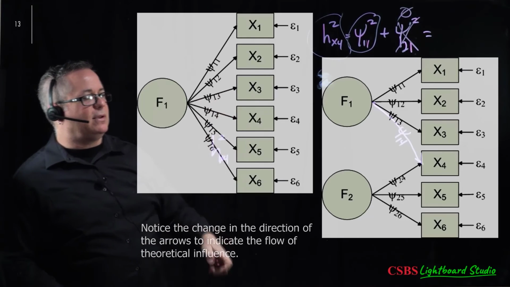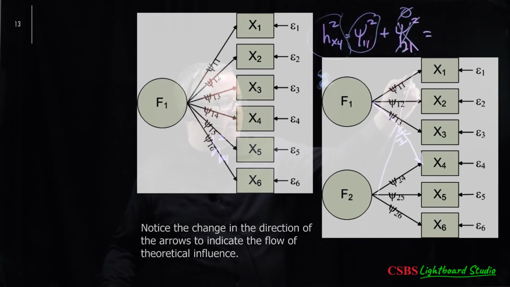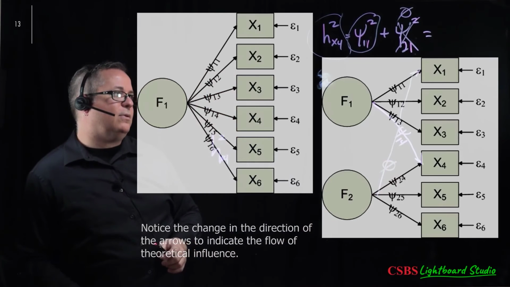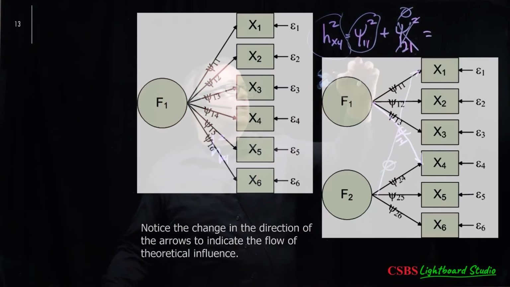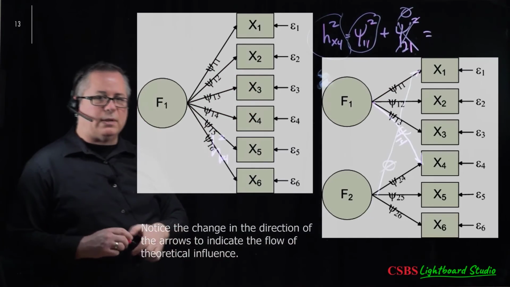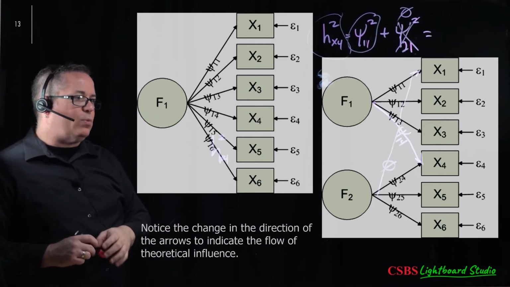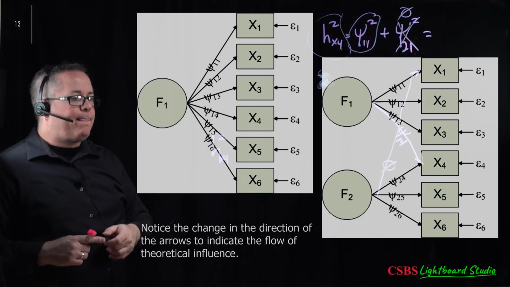This arrow from here to there is essentially 0, right? So when we sum, square, and add up across the factors, these are essentially 0. That's why you just ignore it, because there's not a loading for factor 2 to item 1. All right.